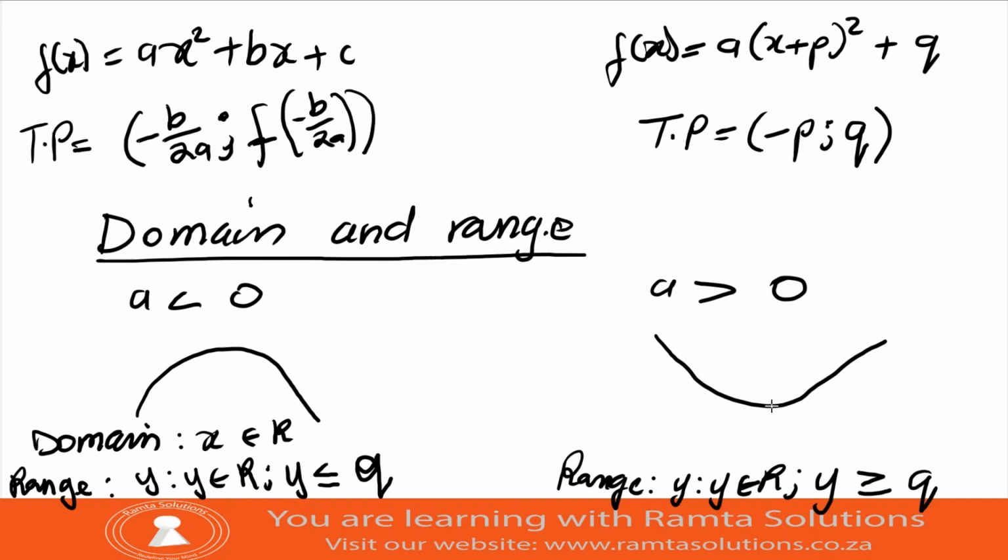You can imagine it. When it's smiling, below the q value, remember the y coordinate of the turning point is q, you don't have a graph. This is why we say our range is all y values equal to and greater than q. Remember, y increases upwards. Okay? Now this is how we rock.